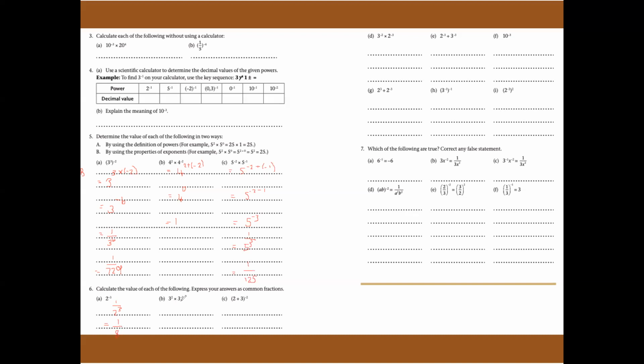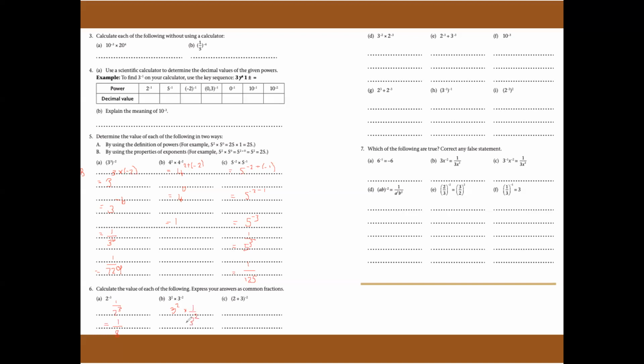Okay, over here, you need to have it as a common fraction. So the answer is going to be 1 because it is 3 to the power of 2 multiplied by, this is also going to be 1 over 3 to the power of 2.